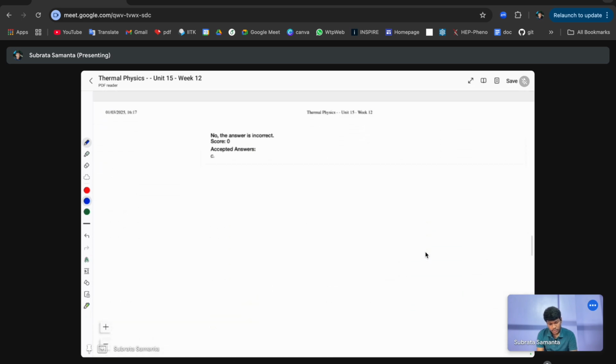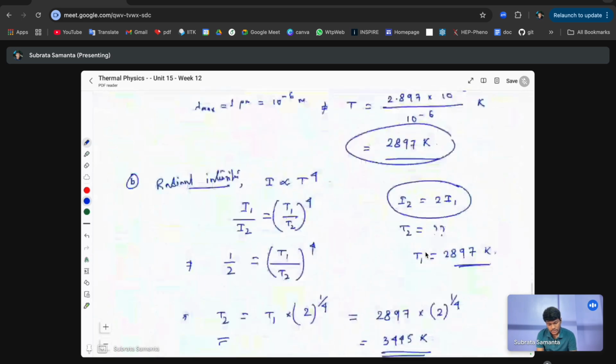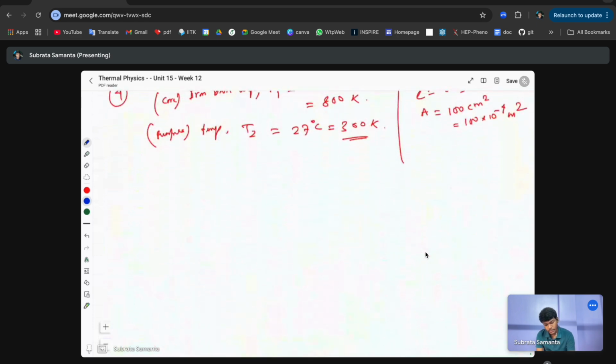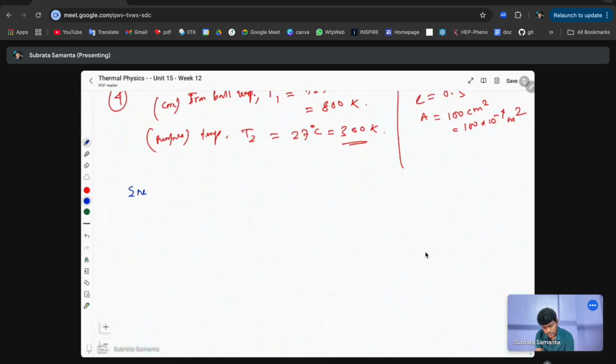So you have to compute the energy loss per unit time due to radiation by the iron ball.